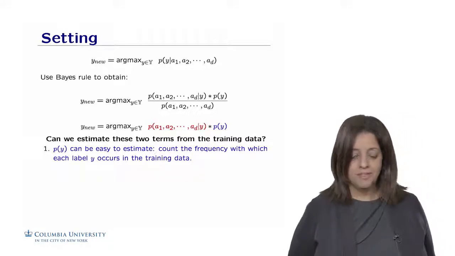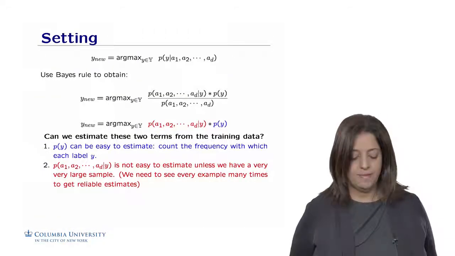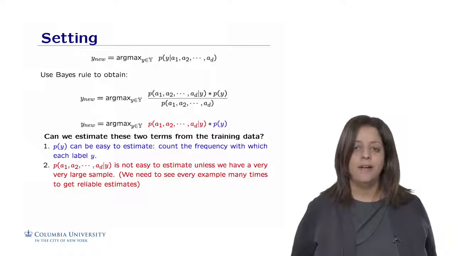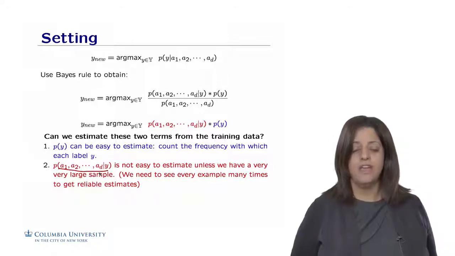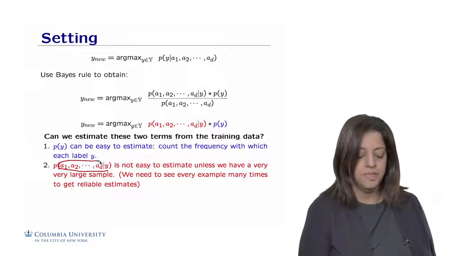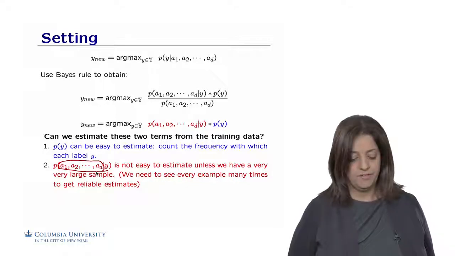All right. However, the probability of A1 to AD given Y is harder to estimate. Why? Unless we have a very, very huge sample, it's very hard to find exactly the combinations of value A1, value A2, value AD happening given the label Y. We need to see every appearance of these combinations of feature values in the data enough times to have an accurate estimate of its probability.